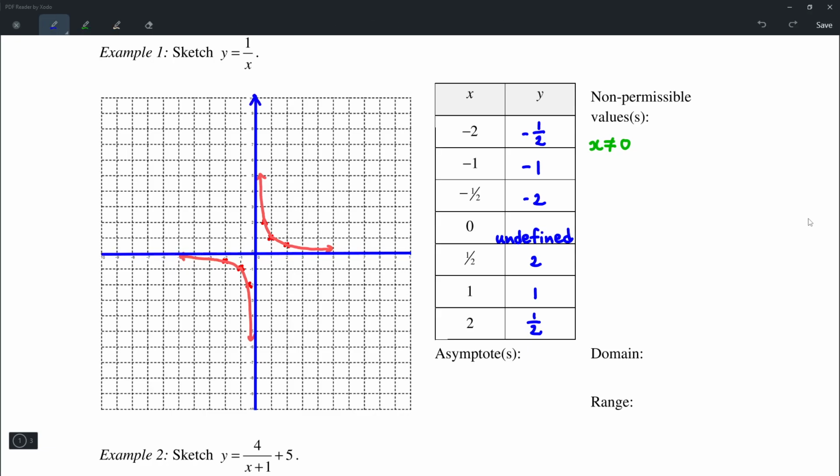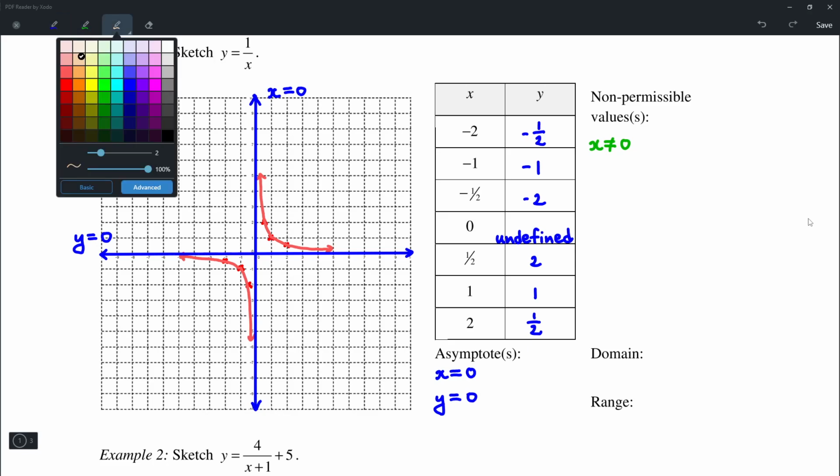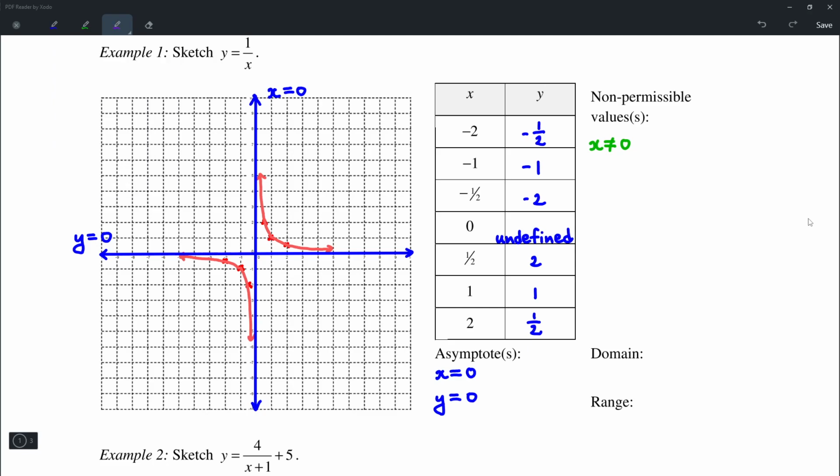Okay, so here we have the vertical asymptote x equals 0, and the horizontal asymptote y equals 0. And we also can now write the domain and range for this function.